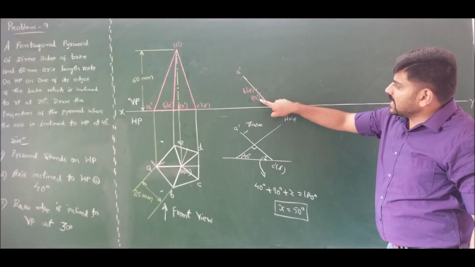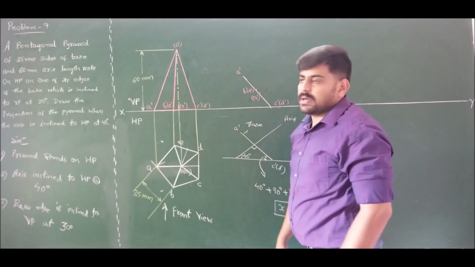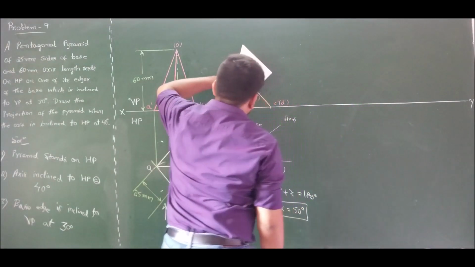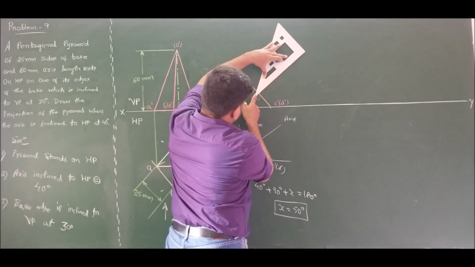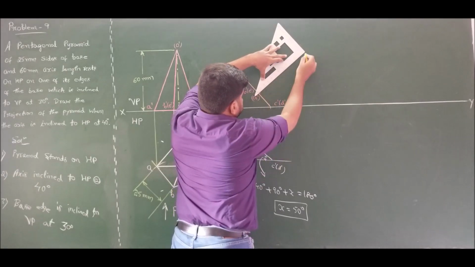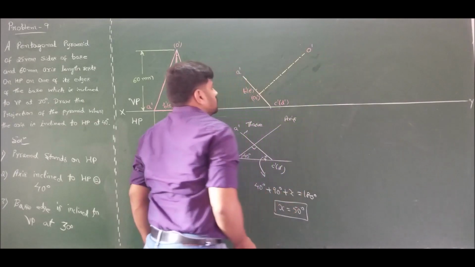Now draw a perpendicular line at point O1 prime whose length is equal to 60 mm and mark the axis. I will get the apex, O prime.